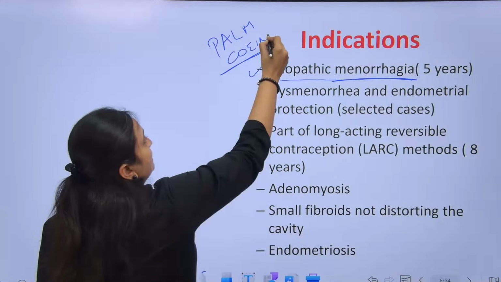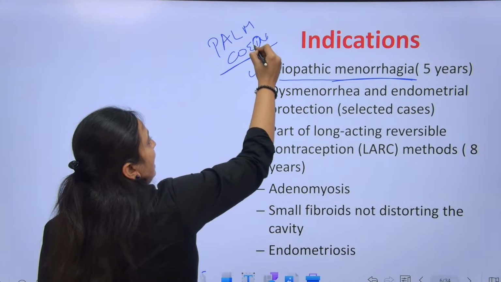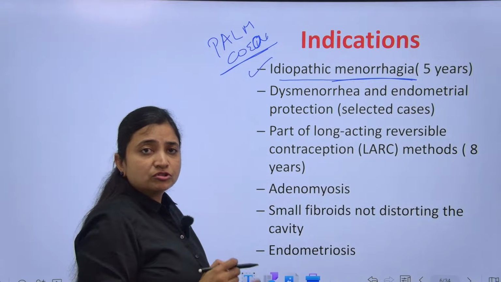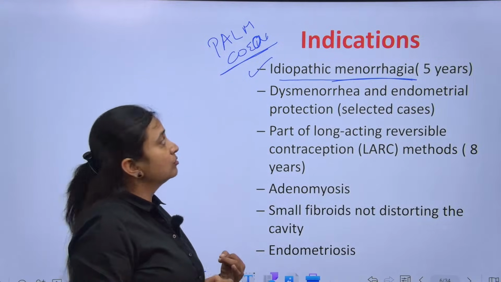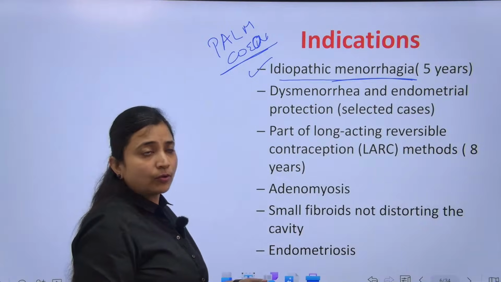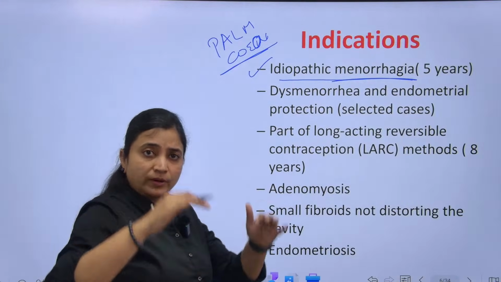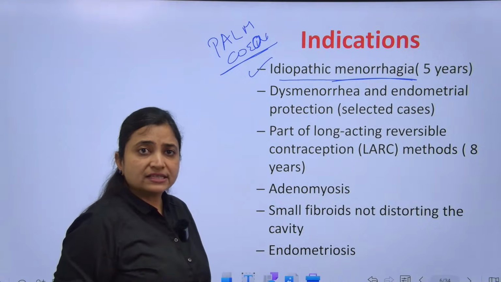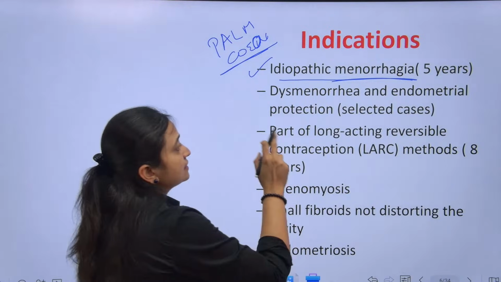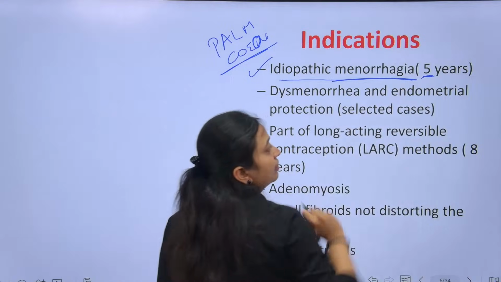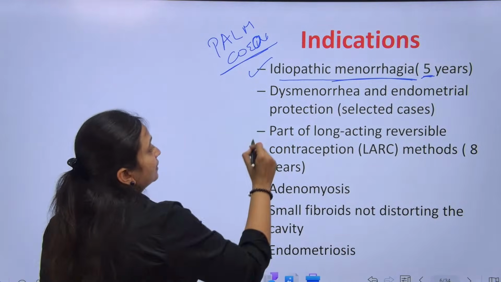If in that case the patient lies in this I category, where there is no further reason, there was no leiomyoma, there was no adenomyosis, there was nothing, there was no polyp, then if we keep it inside, it will cause endometrial suppression and less bleeding. In cases of idiopathic menorrhagia, the effect generally lasts for 5 years.